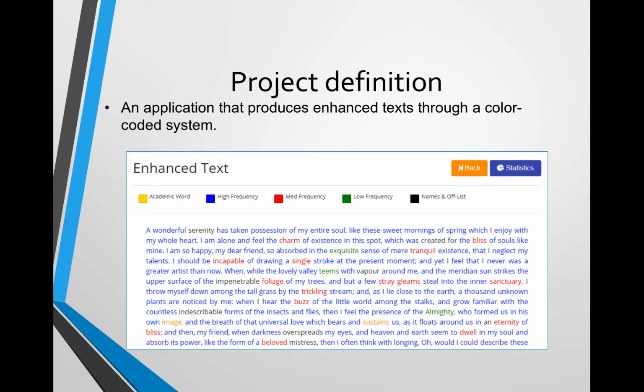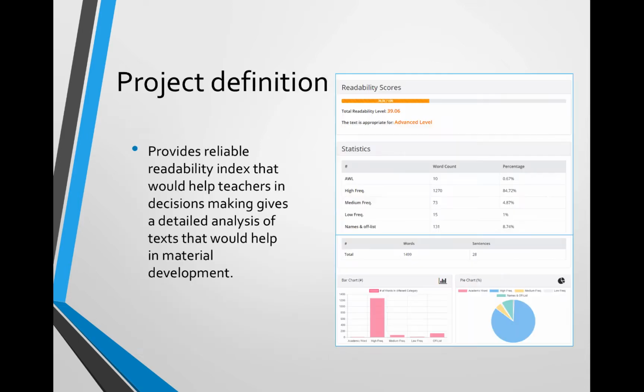Basically, this application allows the user to upload an image, PDF, Microsoft document, or even simple text to the website or the web application, and it analyzes the text and produces a color-coded enhanced text which shows the different category of each word through different colors, and also produces the readability score and complete statistic analytics of the text.